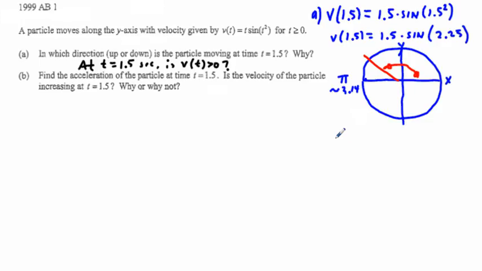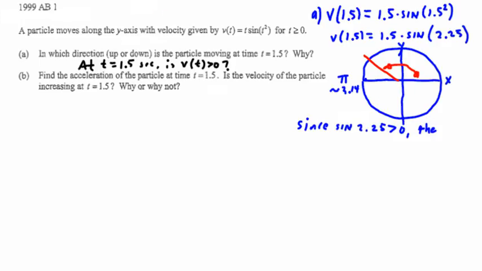And so our answer is, since sine of 2.25 is greater than 0, the particle is moving upward.